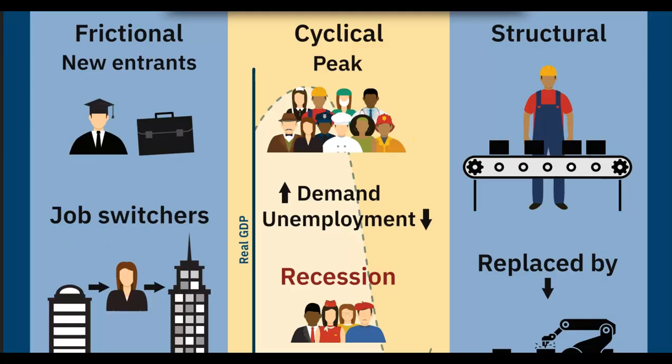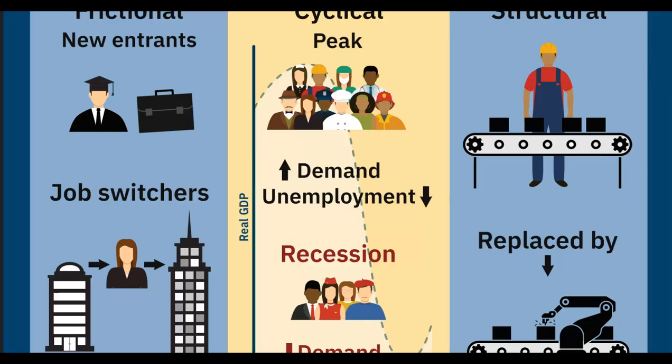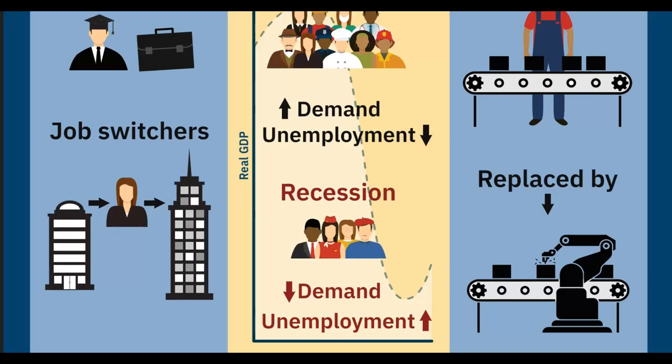On the other hand, we also have cyclical unemployment. This is the bad kind of unemployment. It's driven by a lack of demand and usually happens during recessions. And then finally, we have structural unemployment. So these are people who have lost their jobs due to advances in technology.